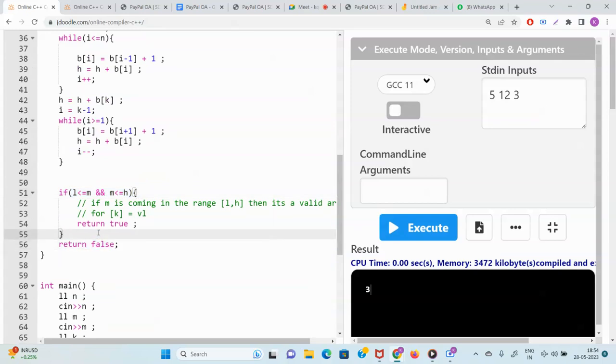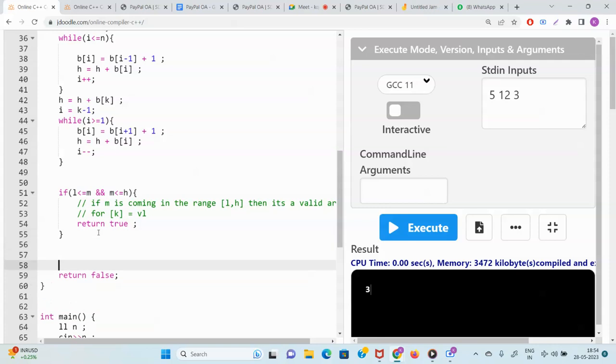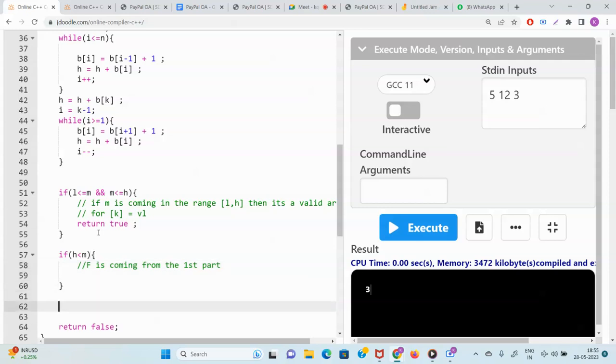But now, if H is less than M, it means F is coming from the first part. And if the highest part is also less than M, it means F is coming from the first part.